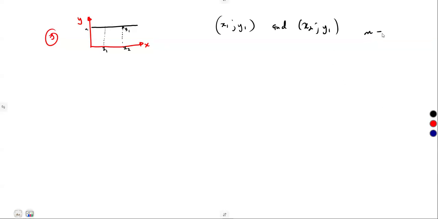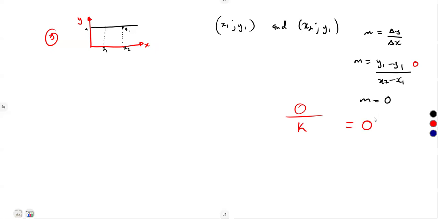So if you're going to calculate your gradient using the change in y over the change in x, you're going to subtract the y values, which are the same: y1 minus y1 over x2 minus what? x1. So since these two are the same, it is going to give us what? A zero. All right. Remember, 0 over any number is equal to 0. So therefore the gradient is equal to 0.